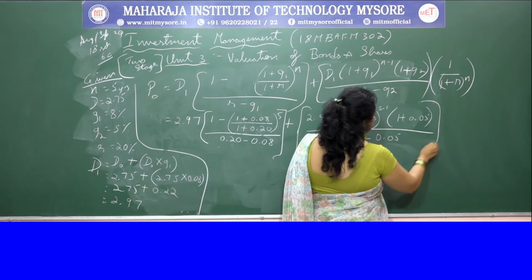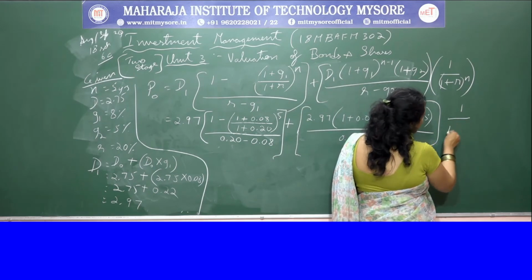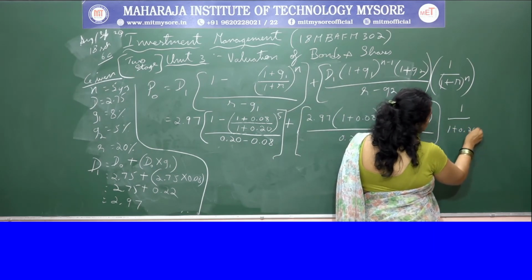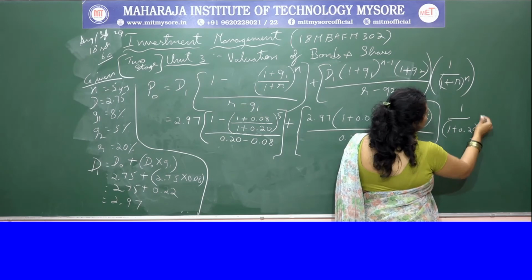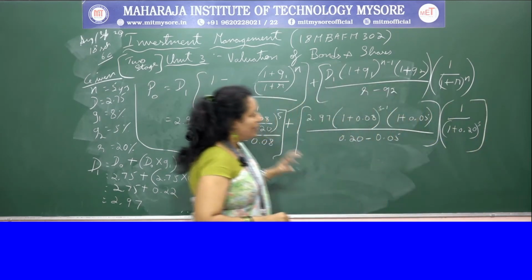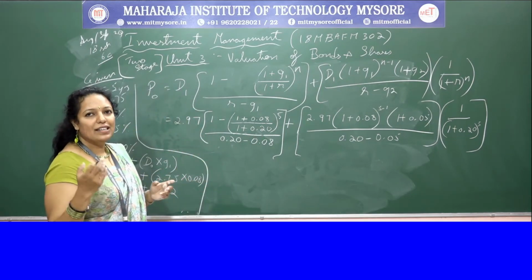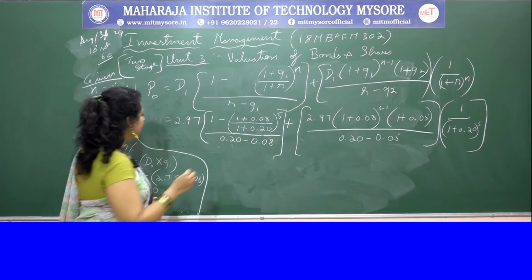So this completes here. And the last one, 1 divided by (1 plus 0.20) to the power of 5. So this is the substitution. Now after substitution, we'll calculate and simplify.